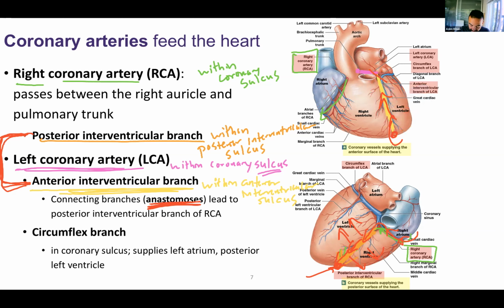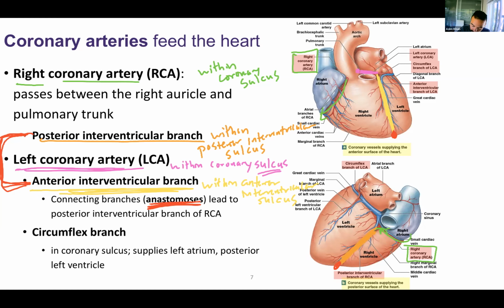One more branch that's important to know for these arteries. One more branch to know, and I'm going to color this in bright blue. Look again at this top view, this anterior view of the heart. Here's that branching point of the left coronary artery.